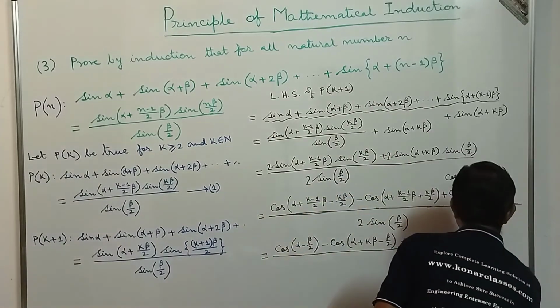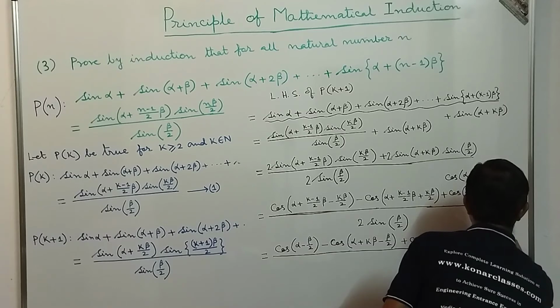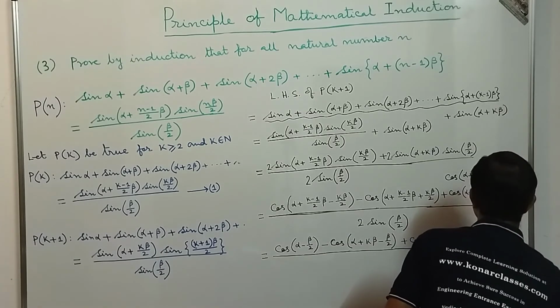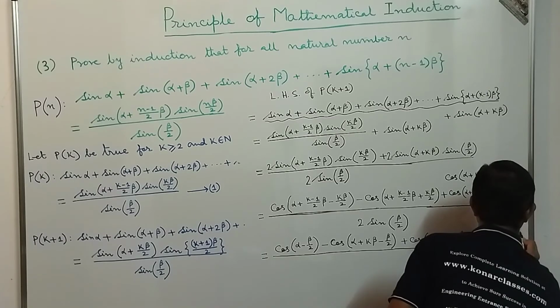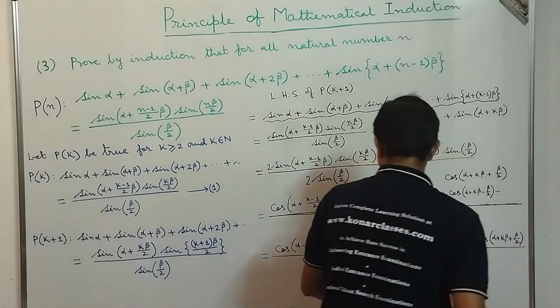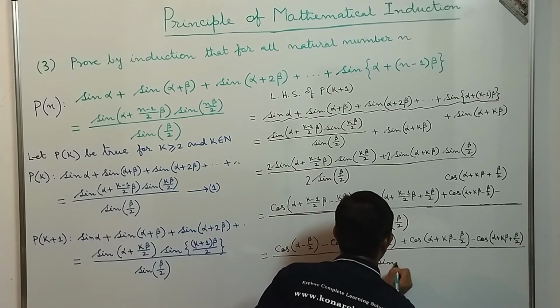So minus cos alpha plus we can write here k beta plus beta divided by 2, and in the denominator we get 2 sine beta by 2.